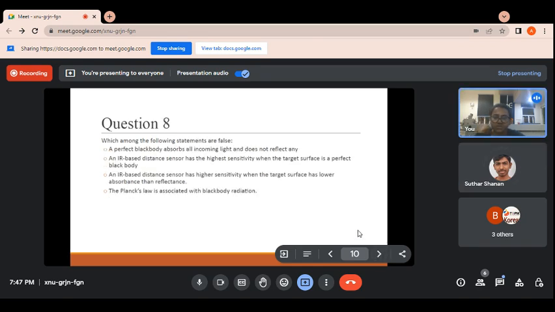Now we are coming to question number 8. Which among the following statements are false? A perfect black body absorbs all incoming light and does not reflect any. The second option is an IR-based distance sensor has the highest sensitivity when the target surface is a perfect black body. The third option is an IR-based distance sensor has higher sensitivity when the target surface has lower absorbance than reflectance. The last option is Planck's law is associated with black body radiation.